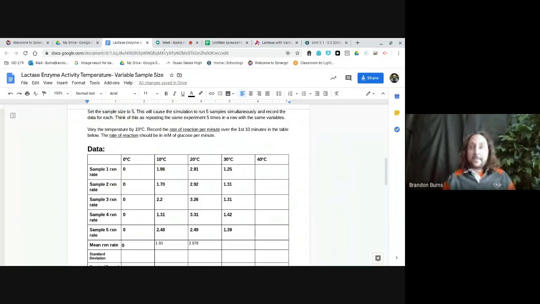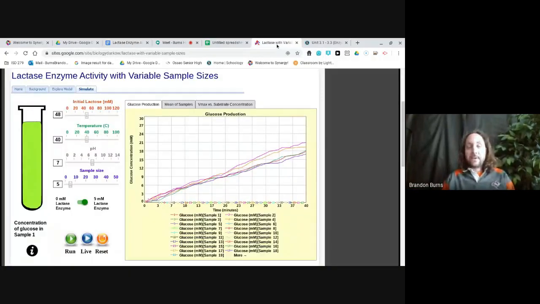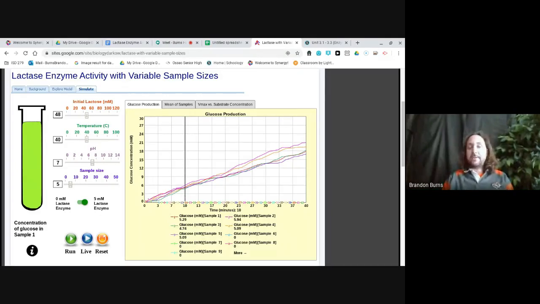And the easiest way to do that is to go back to your graph. If I put my cursor on the graph at 10 minutes and I click and hold, it's going to draw a vertical line here showing me what's happening. And you'll notice underneath the graph, it says time in minutes is 10. And then it gives you sample 1, 2, 3, 4, 5, and it gives you the glucose values after 10 minutes in millimoles.